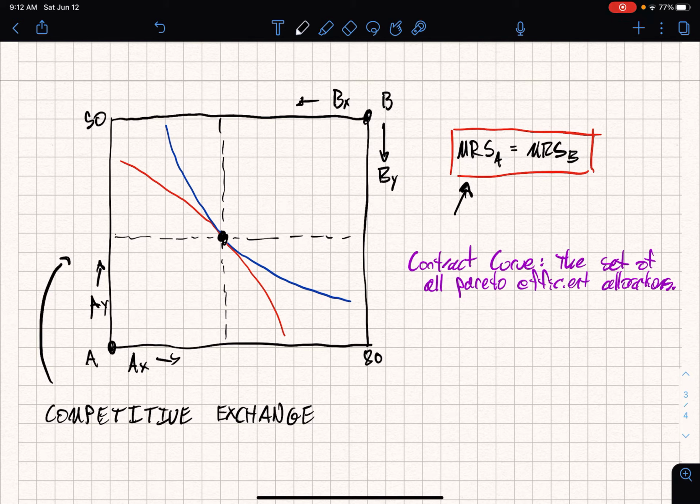So we're at this point here in the middle, and we want to find prices where neither Andrew or Bea is willing to trade at these prices, would be willing to sell some and pick up some more of the other. Another way of thinking about this is asking, at what point, at what prices does this point, E star, solve both Bea's consumer's problem and Andrew's consumer's problem?